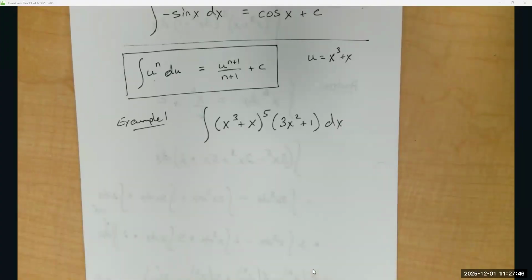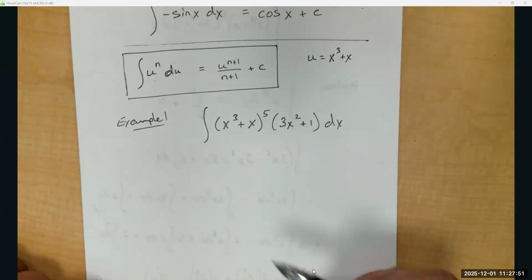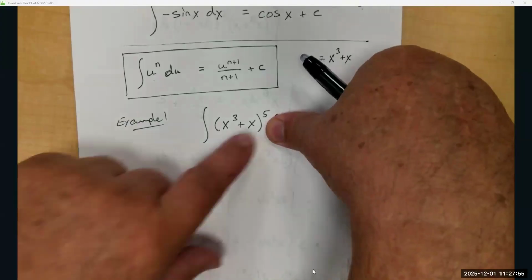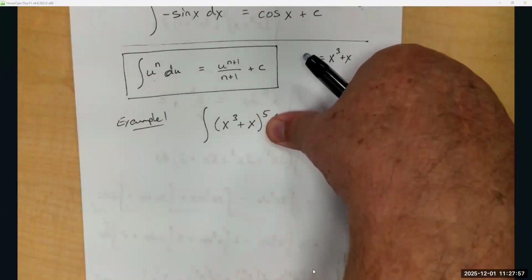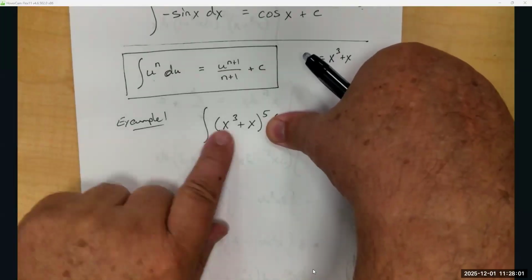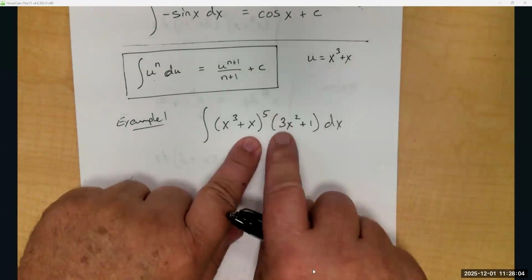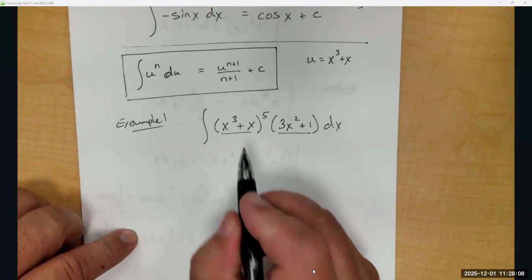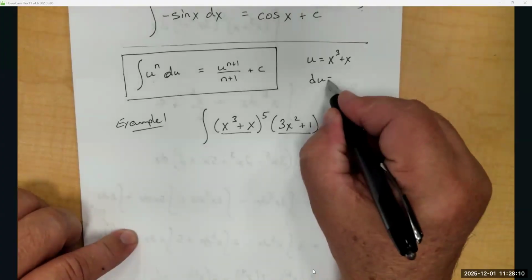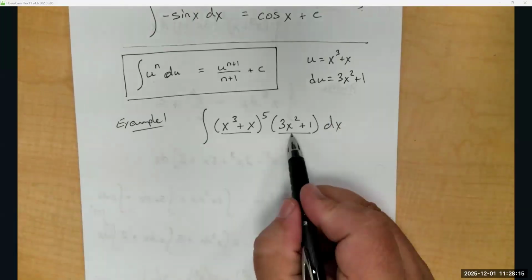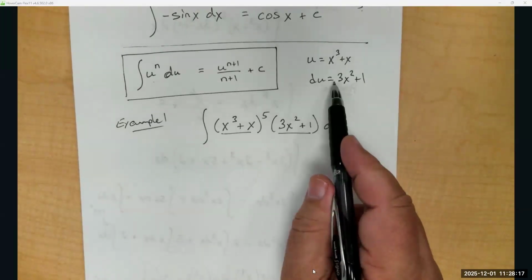Because remember, when we use the chain rule, if we start off with a function like this, what would the chain rule tell us? First, take the derivative of the outside. So we have 5, this x to the 4th, times what? The derivative of the inside. So the derivative of the inside is this, the derivative of this. Is that du?